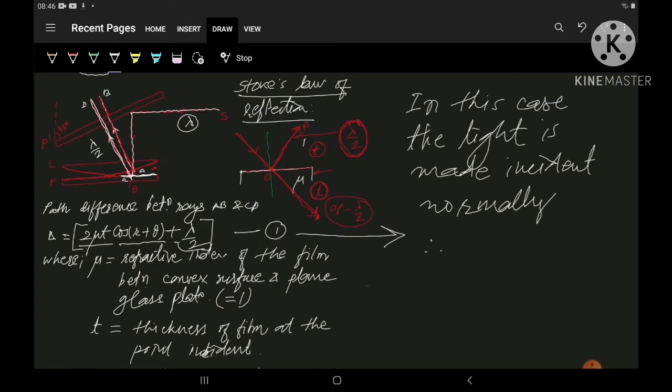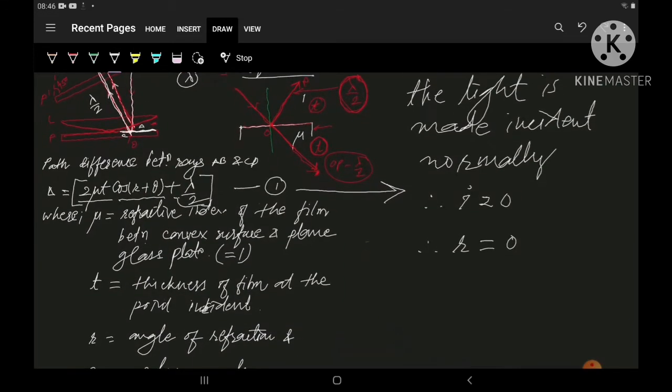Therefore the angle of incidence i will be equal to 0 and the angle of refraction r will be 0 also. Also, because of the large radius of curvature of the plano-convex lens.